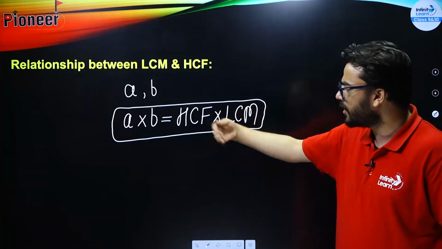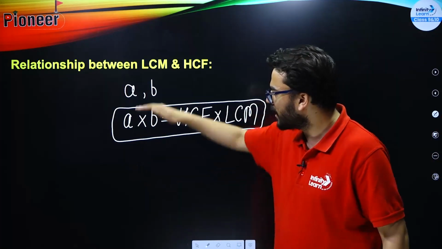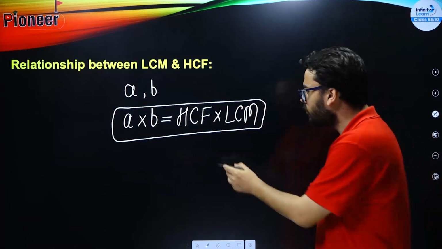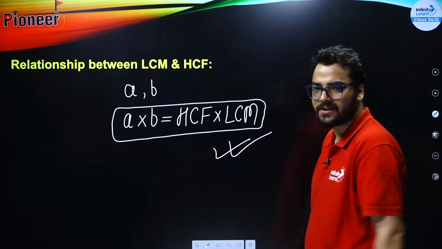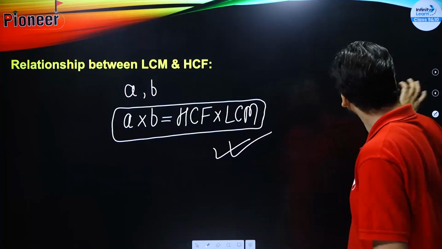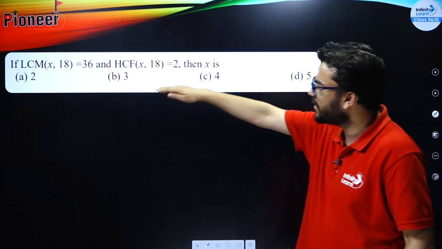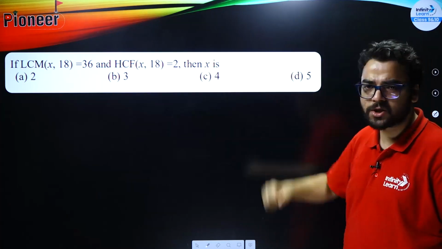So this result you can use in order to do questions, that the product of two numbers is equal to the product of their HCF and LCM. Let's do a question on the basis of this concept. So you see LCM of two numbers is given, their HCF is given, then you have to find X over here.